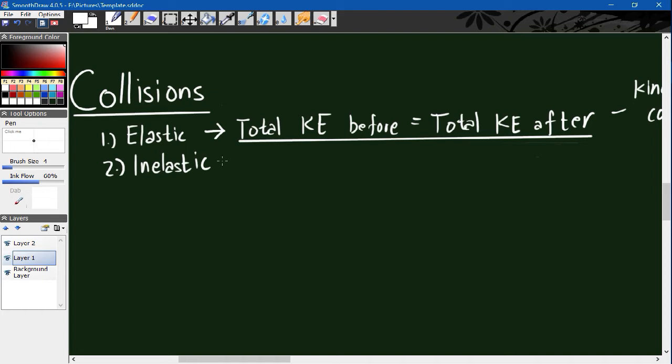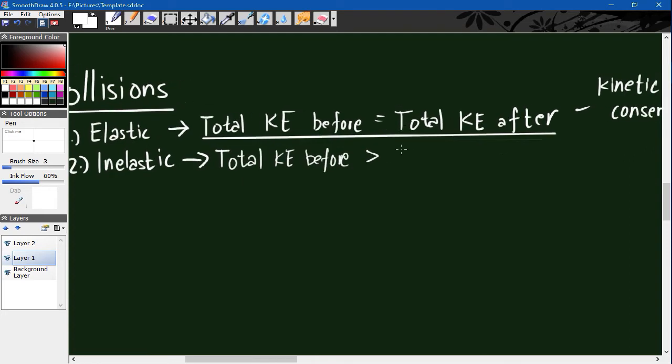So an inelastic collision, on the other hand, is when the total kinetic energy of the two objects before the collision is greater than the total kinetic energy after.